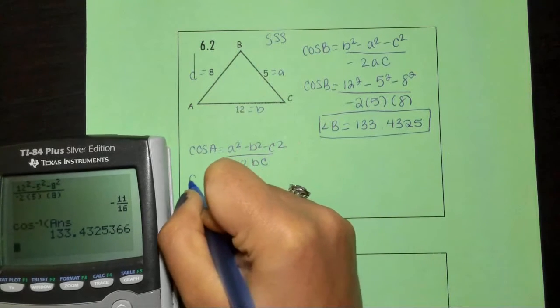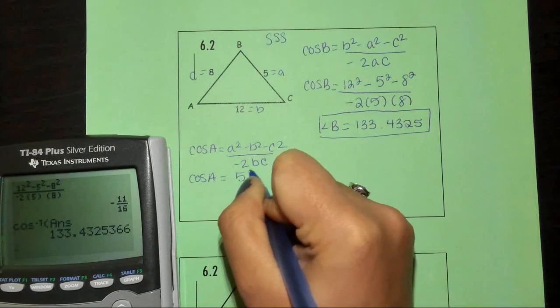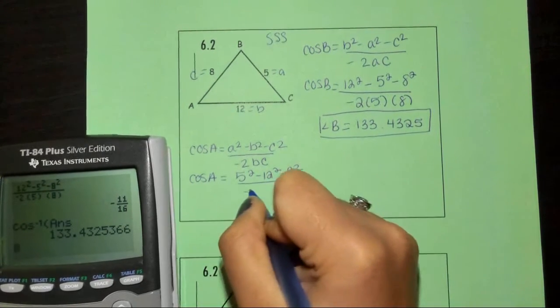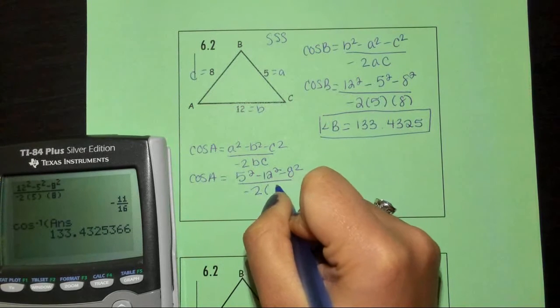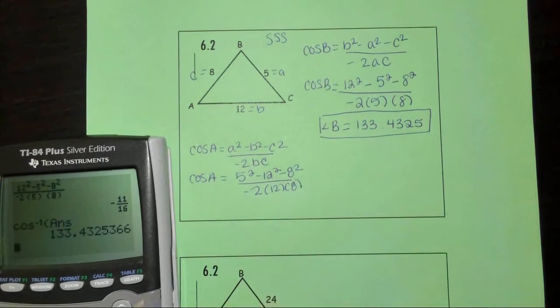So 5 squared minus 12 squared minus 8 squared over negative 2 times 12 times 8. If I wanted to, I could grab that up there, so I'm just going to write it again.